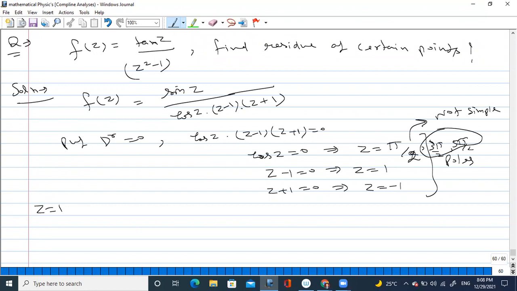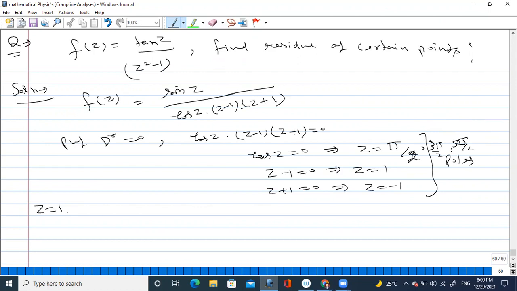Don't make mistake, because there are so many poles. So that's why pi by 2 is not a simple pole. But z equal to 1 is my simple pole. Z equal to minus 1 is also my simple pole.